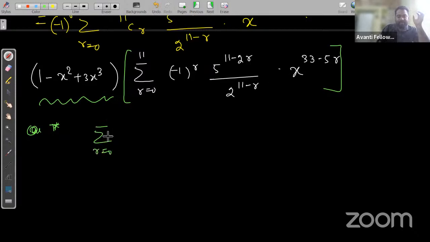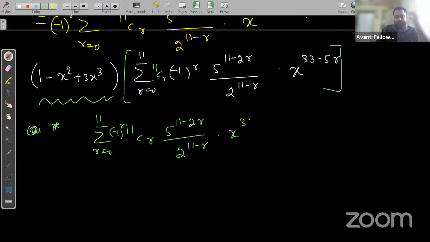That is summation r is equal to 0 to 11, 11Cr, minus 1 to the power r into 5 to the power 11 minus 2r upon 2 to the power 11 minus r into x to the power 33 minus 5r. Right? When we multiply with 1, this expression, we are getting this.